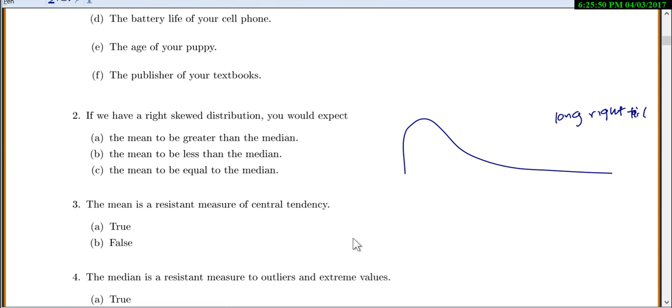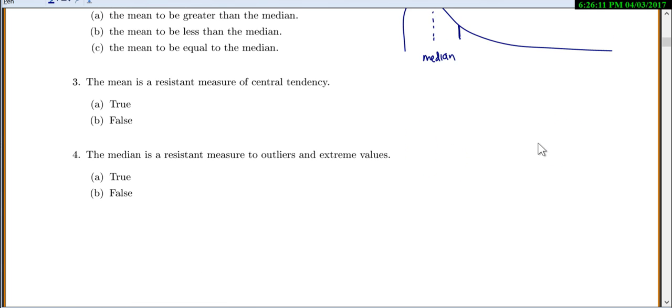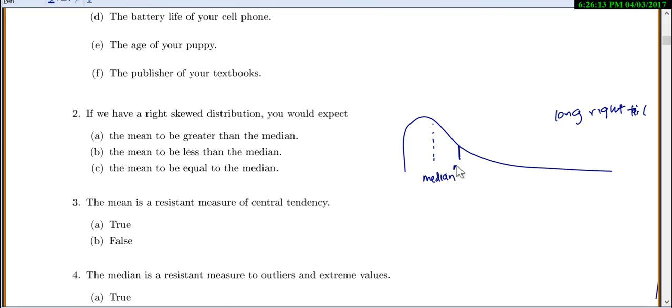If I had a normal distribution and cut off the tail, maybe my median is here and the mean would start off about there. But then this long right tail pulls the average a lot, and it will always pull the average more than the median. So my average would get pulled up, so my mean should be bigger than my median.